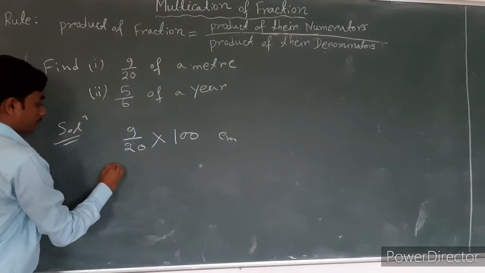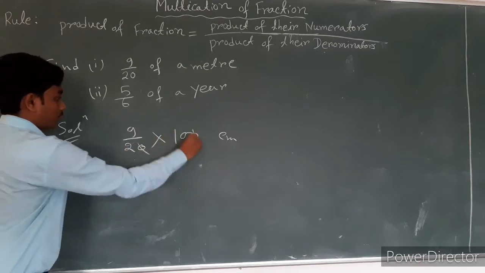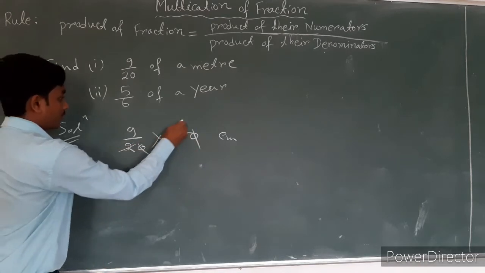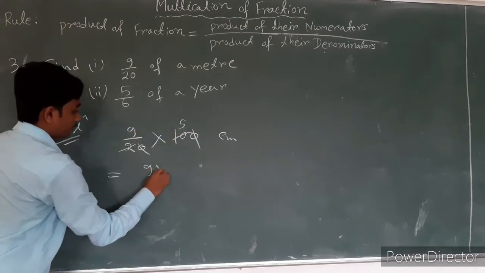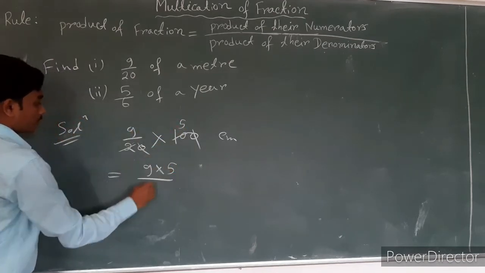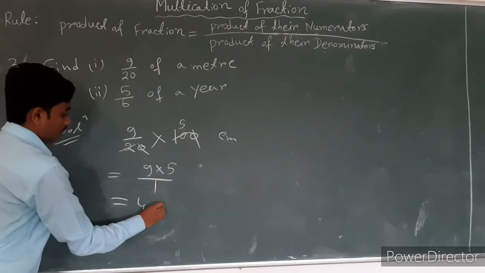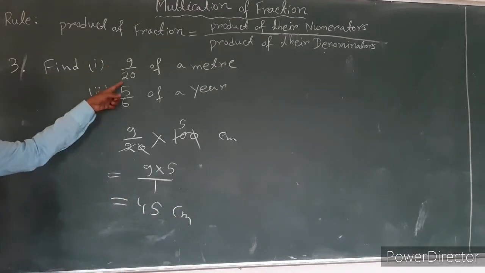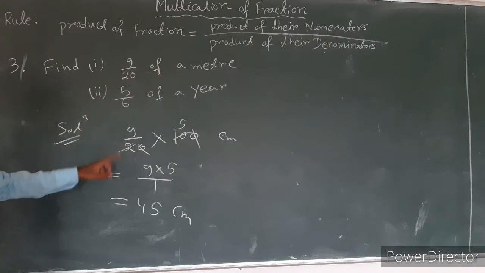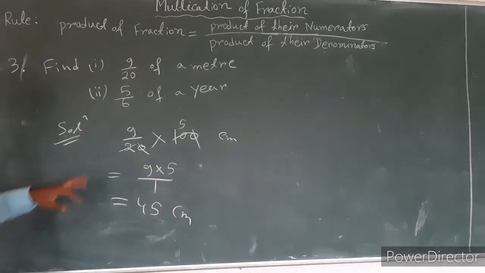So 0 0 cancel, 2 fives are 10. So 9 into 5 upon 1, that is 45 centimeters. So 9 by 20 of a meter is equal to 45 centimeters.